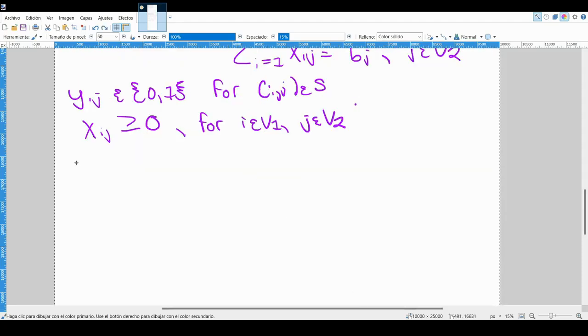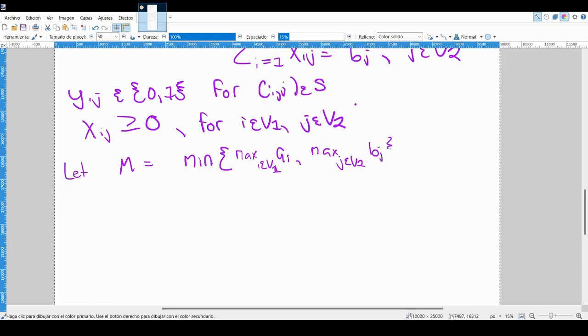Now we are going to introduce a new variable. We're going to let m equal the minimum of one of these two values: either the maximum value of supply across all of the production centers, or the maximum demand across all of the markets.